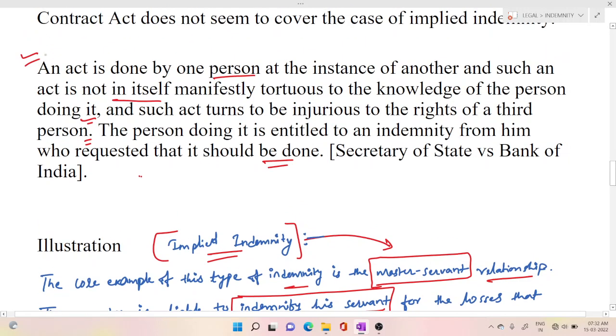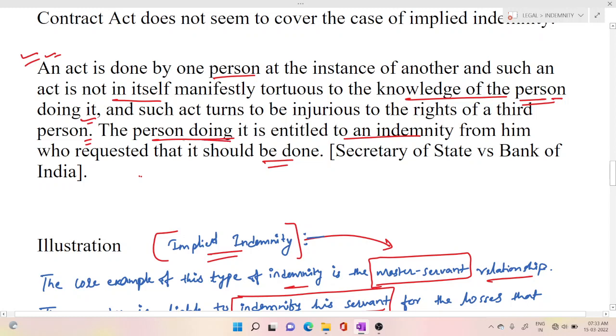That is written here, that is also the definition. An act is done by any person at the instance of another, and such an act is not in itself manifestly tortious to the knowledge of the servant doing it, and such act turns out to be injurious to the right of a third person. The person doing it is entitled to an indemnity.